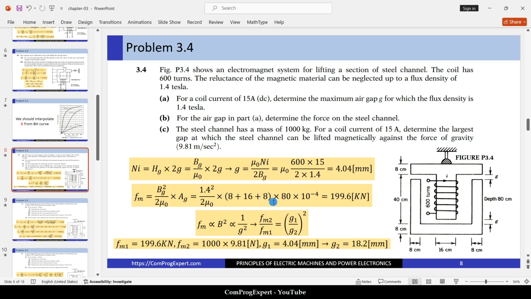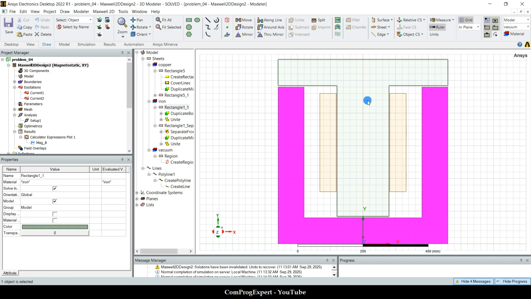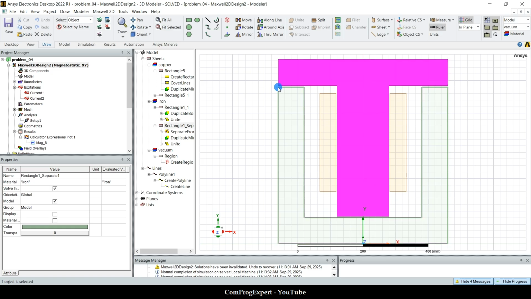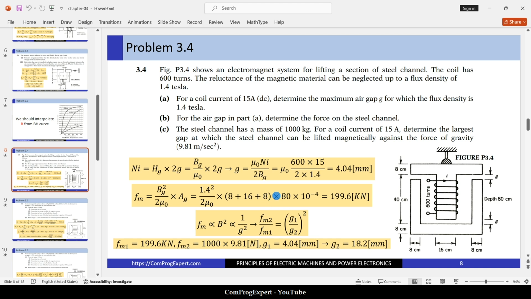Okay, the area of the gap is the contact area between this part and this stationary part. We have these 3 air gaps. So, yes, the value of the force is 199 kilonewton. I calculated the force correctly, it was just a typo we had here.